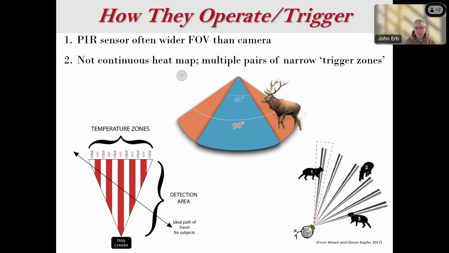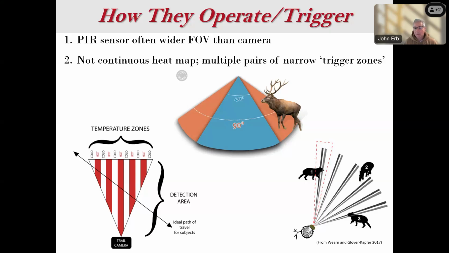So it's possible as an animal's coming in, the camera may be triggered, take pictures, and you don't even see the animal. If it turns around and goes the other way, that can explain some false triggers where you get pictures, there's nothing in it, but there clearly wasn't wind blowing leaves or anything else that triggered it. So it might have been an animal out on the edge of the field of view of the camera itself.